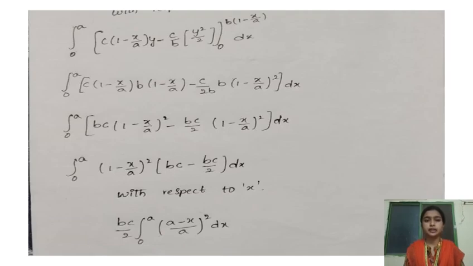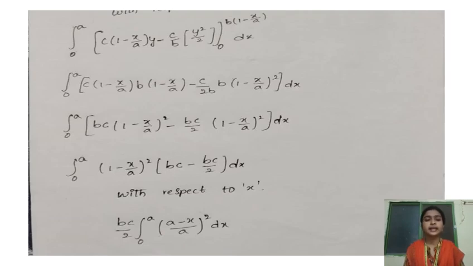Integration 0 to a, c into 1 minus x by a into y minus c by b y square by 2, applying limits 0 to b into 1 minus x by a dx. Integration 0 to a, c into 1 minus x by a, b into 1 minus x by a, minus c by 2b, b into 1 minus x by a whole square dx.